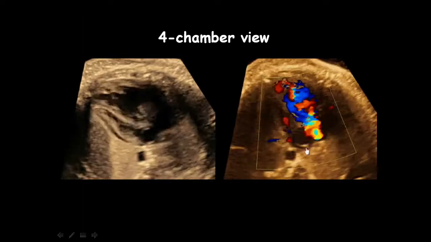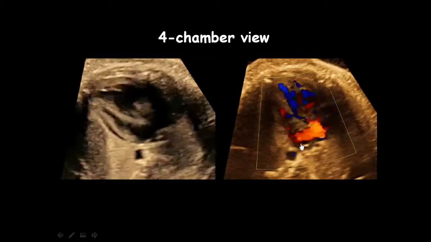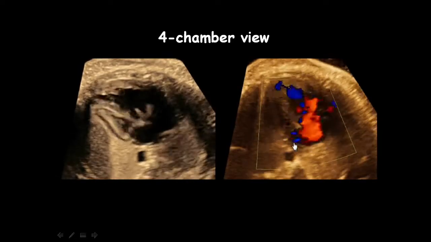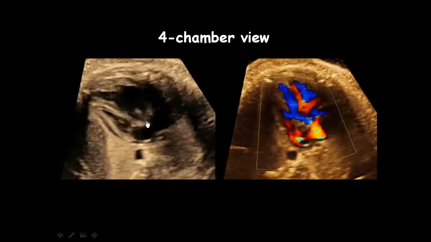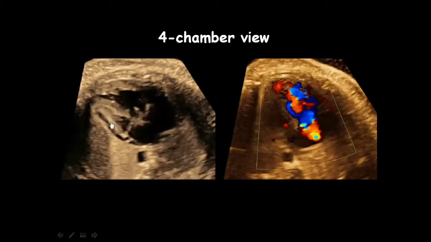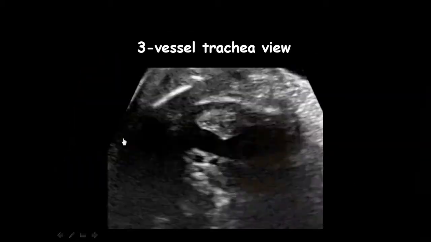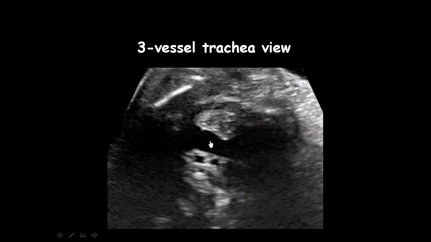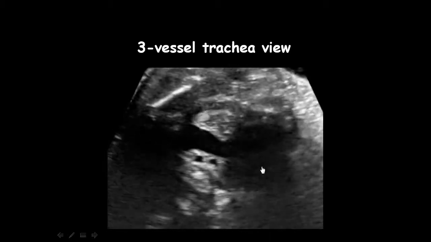It's protruding so significantly towards the left atrium that the blood flow across the mitral valve is significantly restricted. And if you look at how narrow the left ventricle is, that's your first move to suspect the coarctation, right? And this is the three-vessel trachea view, and this looks quite unusual.